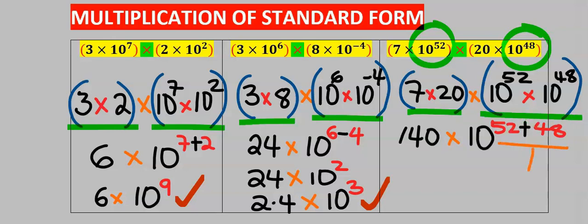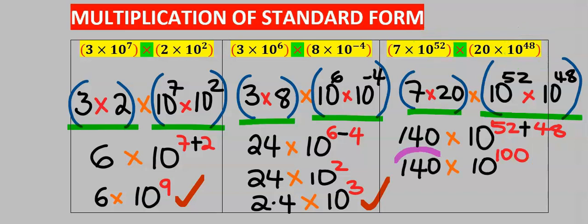Next, you're going to add this power. Next, 140 is greater than 10. Next, I will move the decimal from the back of 0, 1, 2, and I will have 1.40. These two movements will increase 10 to the power of 0 to 10 squared, and this is our answer.